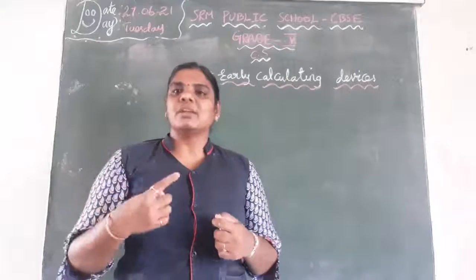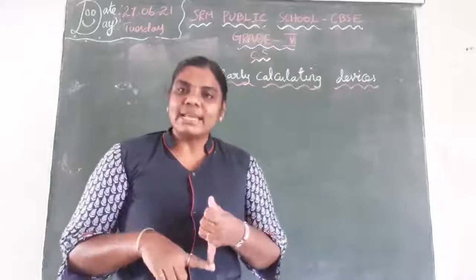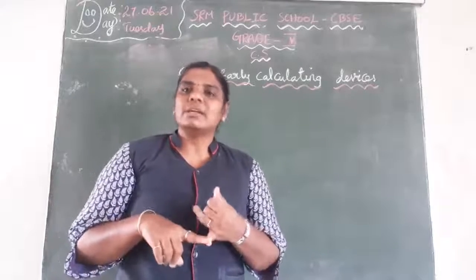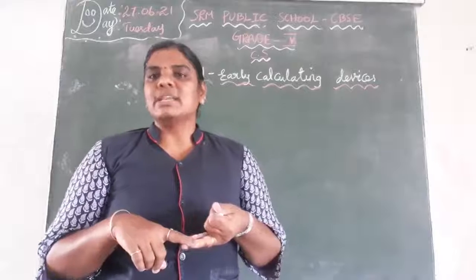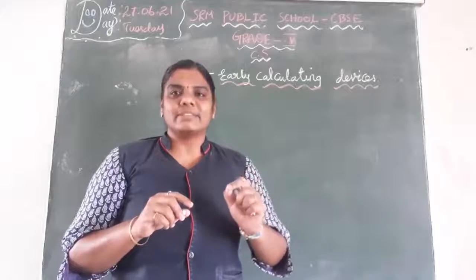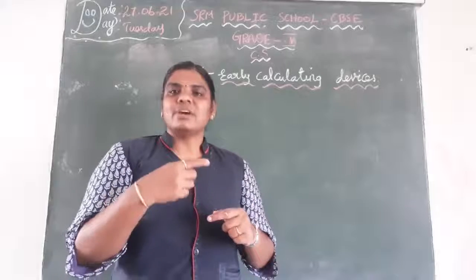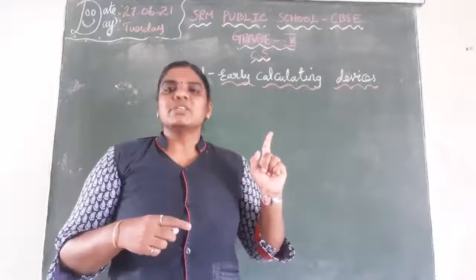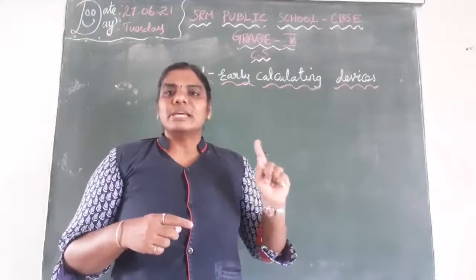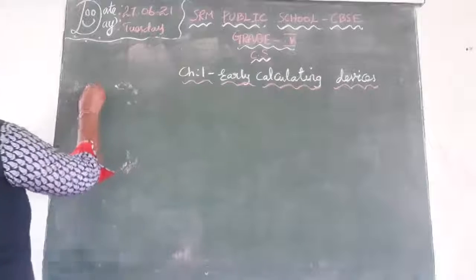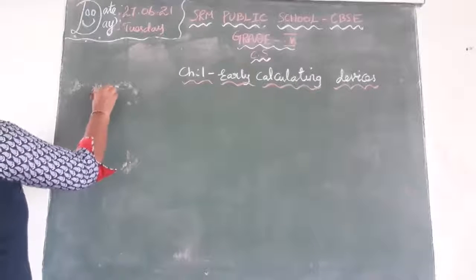Just recall. The early calculating devices people used, and generations of computers, right? And one more small topic, characteristics of computer. So these are the topics you learned from the first chapter. Just revise the topics.